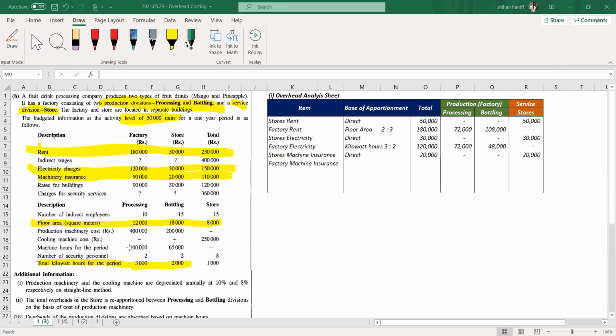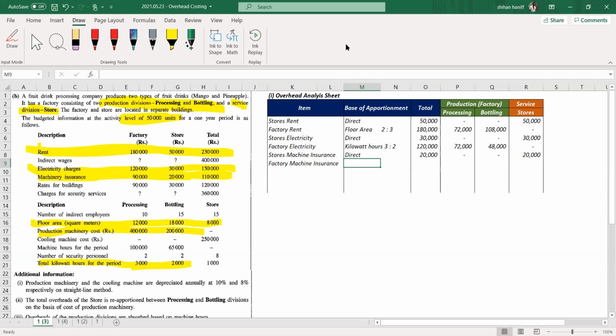It's the production machinery cost. Don't take the machine hours; we don't divide the insurance based on machine hours.